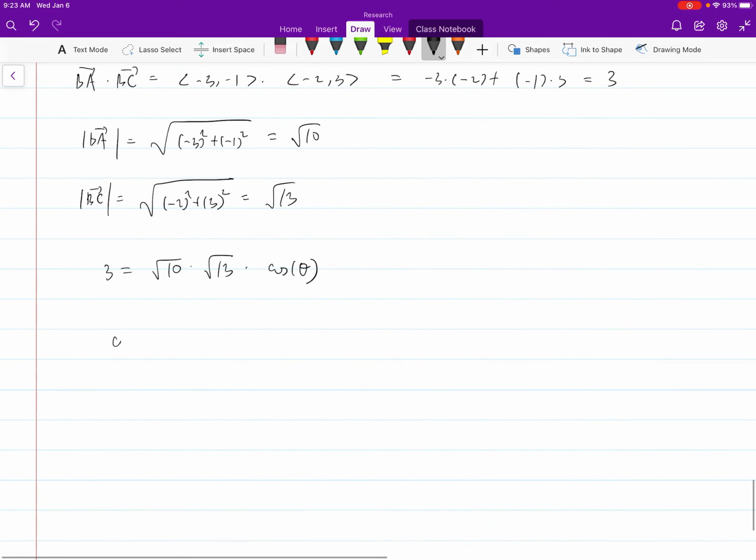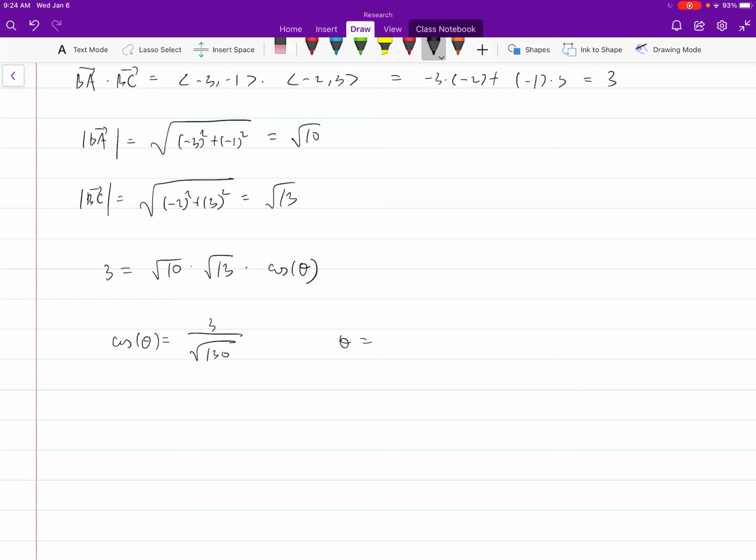So what is cosine theta? Whatever that is. Okay, theta equals, remember, we just need to do cosine inverse, because cosine theta gives you only one value between 0 and pi. It's a triangle. For sine, you have two possible values.